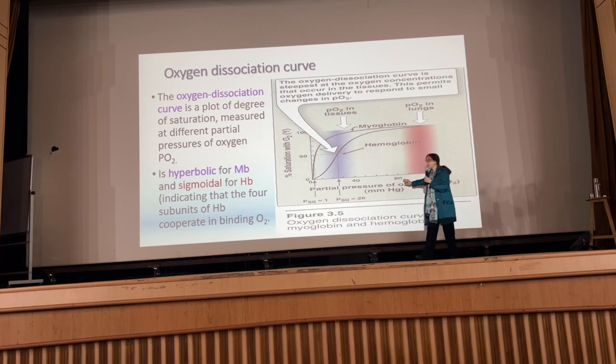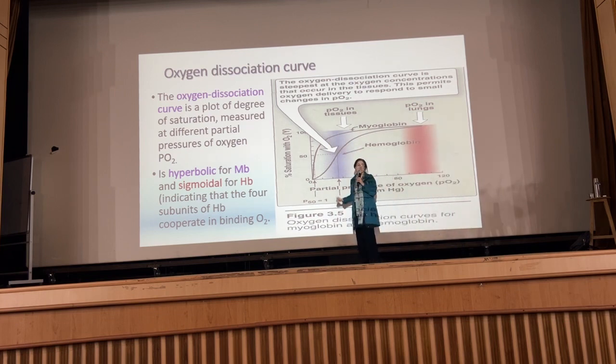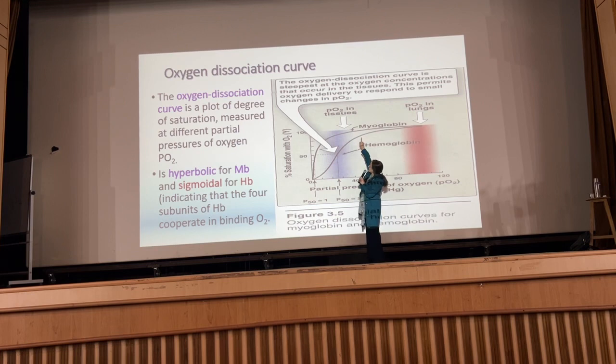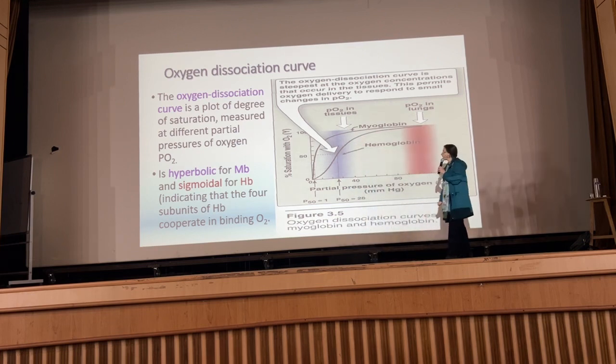So the more pressure of oxygen, in other words, the more oxygen you have, the higher the saturation. This is the first thing to understand from this graph. Alright.